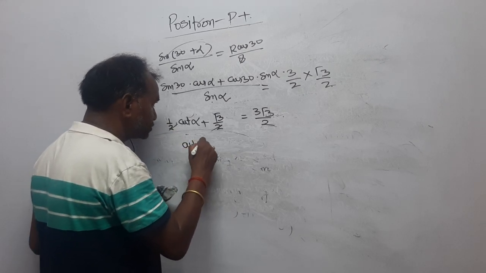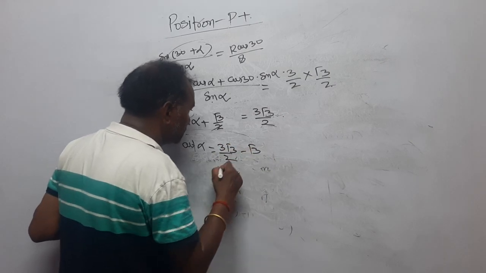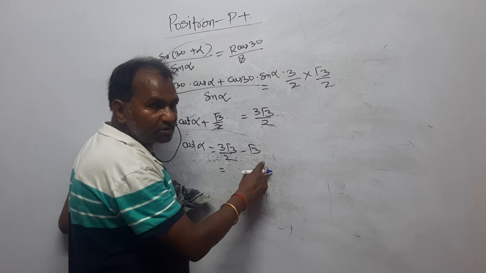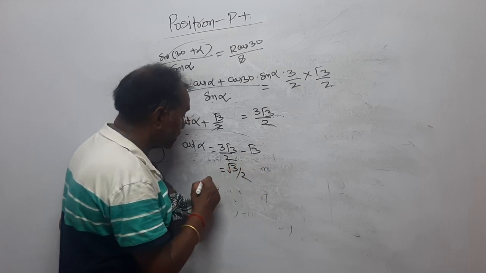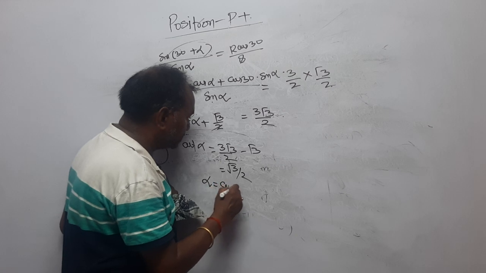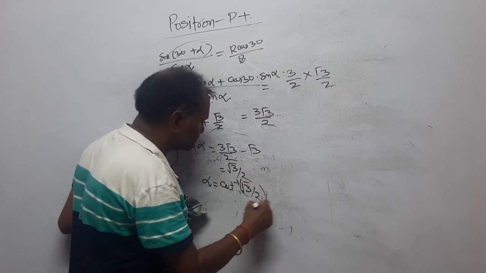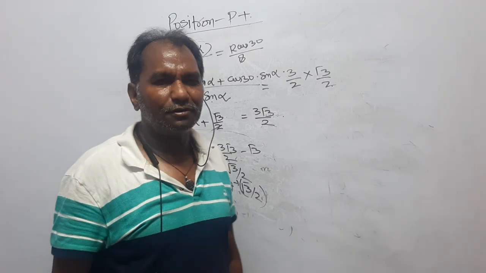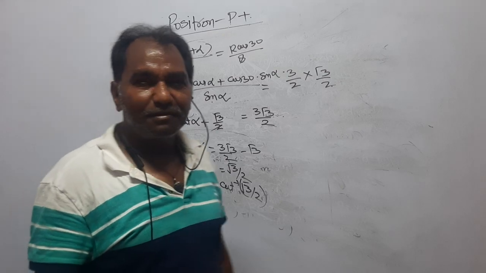Cot alpha equals 3 root 3 by 2 minus root 3. If you take root 3 out, that is 3 by 2 minus 1, that is 1 by 2. So it is root 3 by 2, or alpha equals cot inverse root 3 by 2. Now dear students, you find out cot alpha.